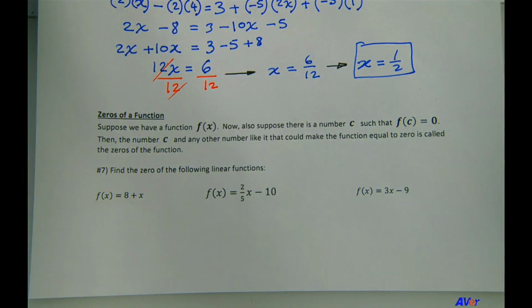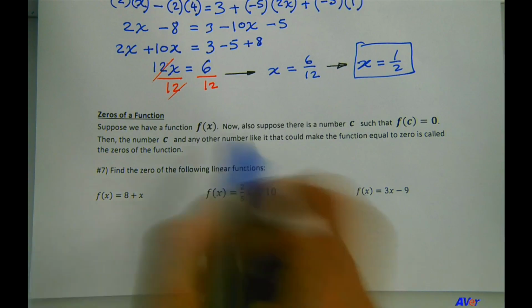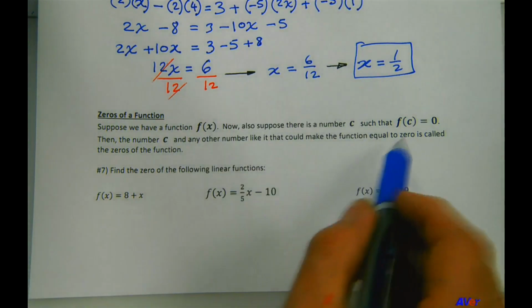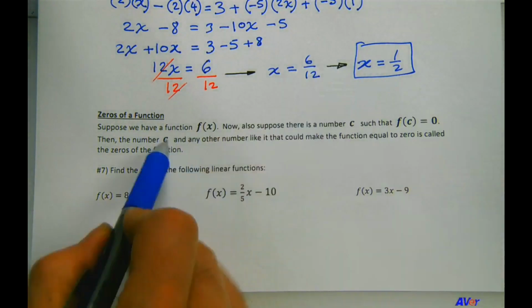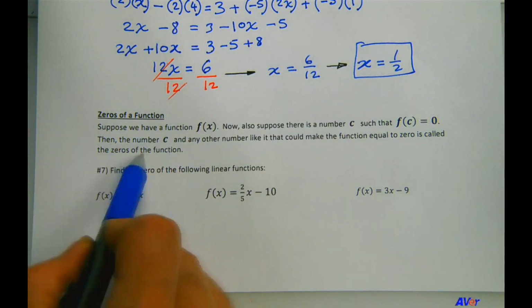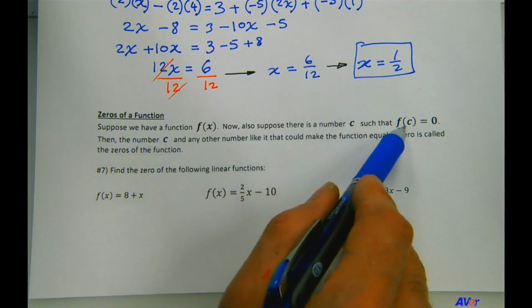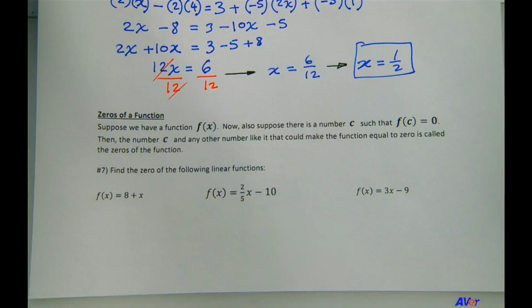Mostly more than one number makes a quadratic function equal to 0. So that number c is called the zero of the function, because when you plug that number into the function, you get 0. Okay?